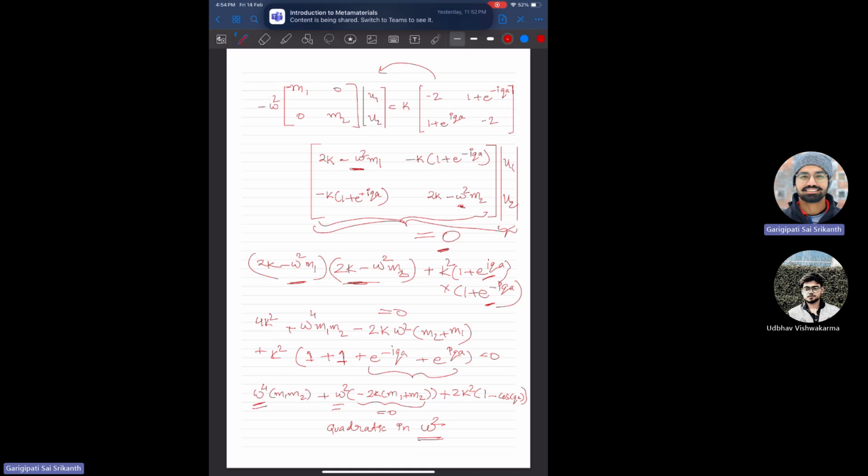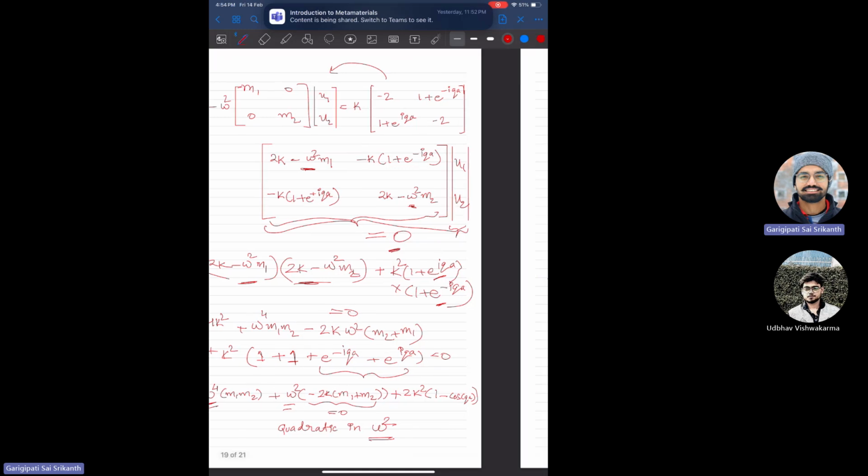Further on simplifying, we see that it's a quadratic equation in terms of omega square. So omega power 4 and then omega square, and there's no constant omega term here. We know how to solve quadratic equations.